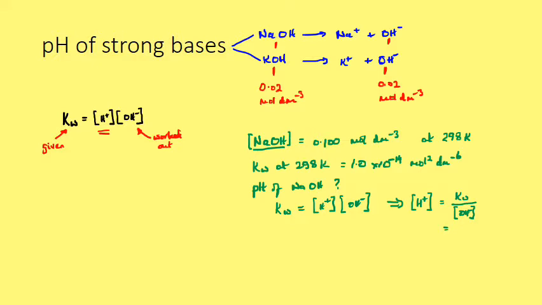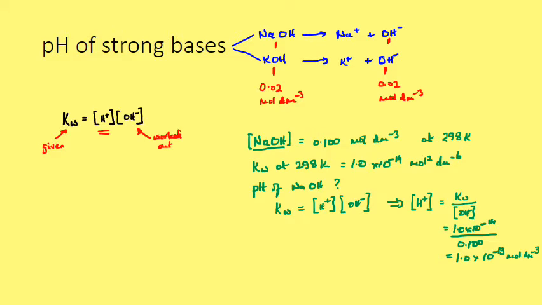In this case, we've got the ionic product as 1.0 times 10 to the minus 14, and the hydroxide ion concentration as 0.100. We don't even need a calculator because that comes out at 1.0 times 10 to the minus 13 mol per decimeter cubed.